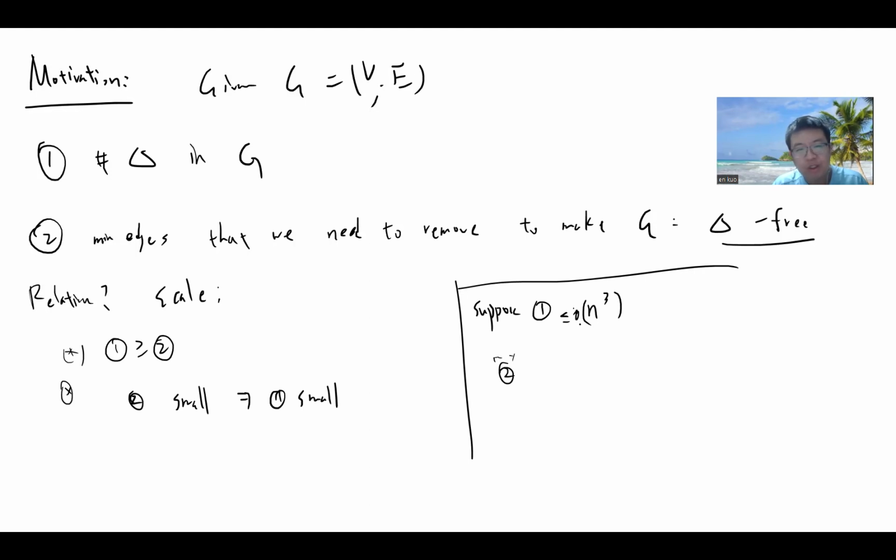Can we make it triangle free by removing only O(n squared) edges, or do we need n squared log n, or whatever number of edges that we need to remove, to relate the number of triangles to the minimum edges?